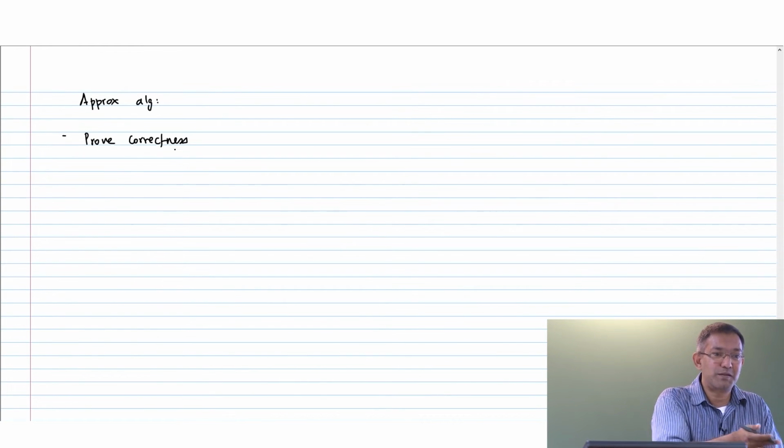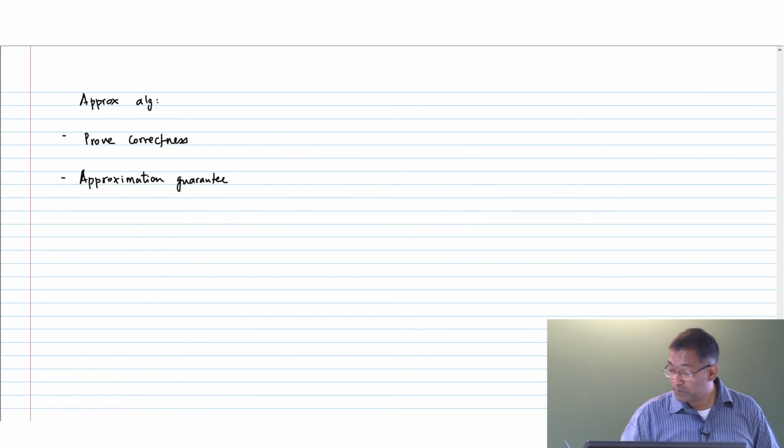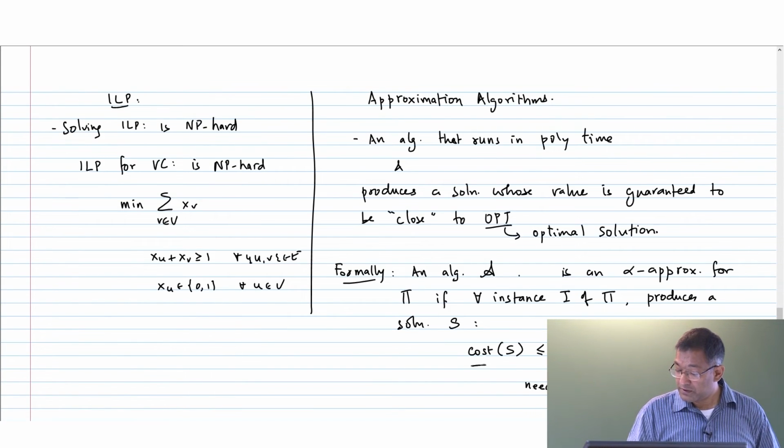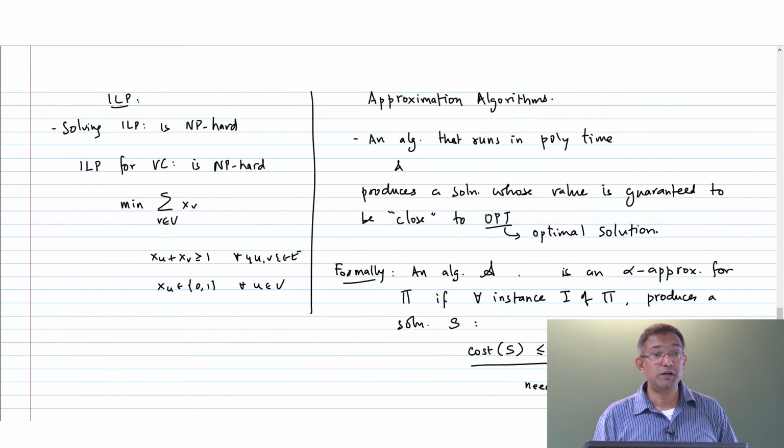It is not going to produce some subset of vertices that is not a vertex cover. Okay. And then you want to prove the approximation guarantee, right. You want to prove this condition, that the cost of the solution is no more than alpha times the optimal solution.